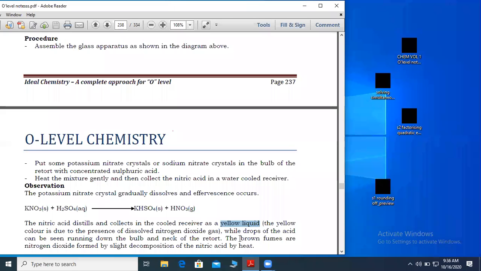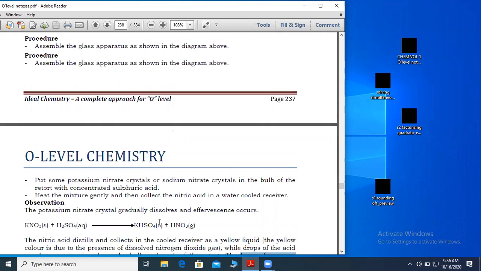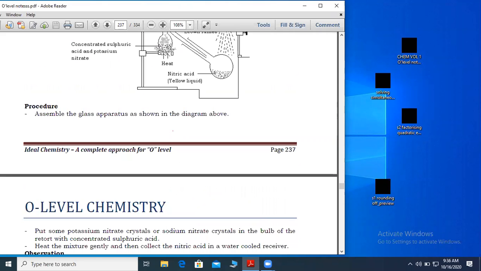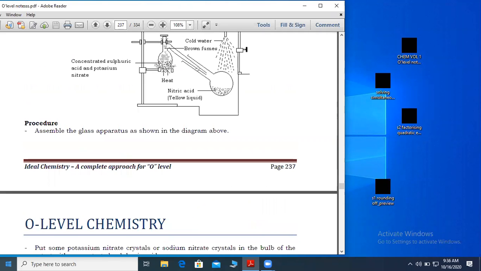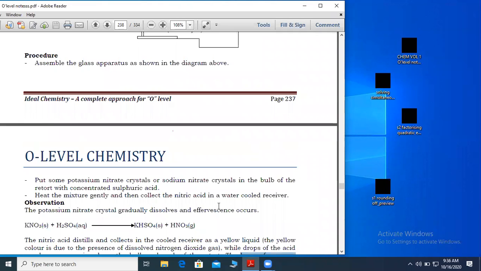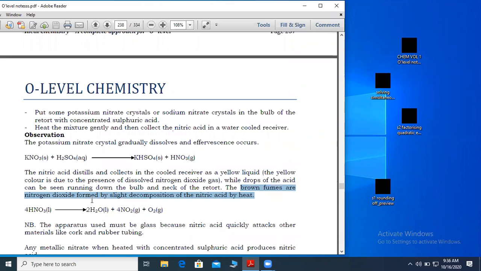The brown fumes are nitrogen dioxide formed by slight decomposition of nitric acid by heat. This is what I was telling you. We may ask you to give a reason why brown fumes are seen. The answers are here. It is due to the partial decomposition of nitric acid forming nitrogen dioxide, and the equation is here.